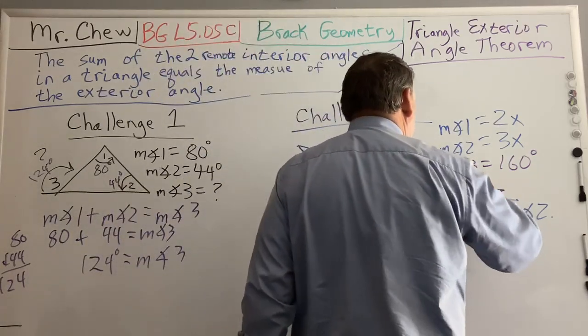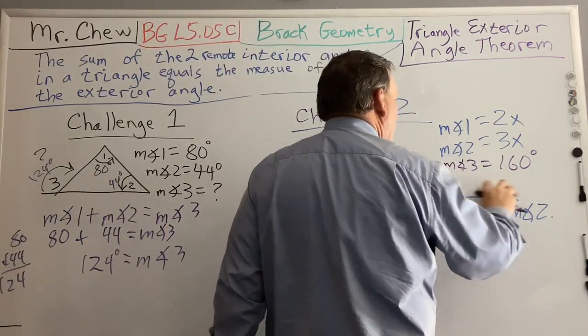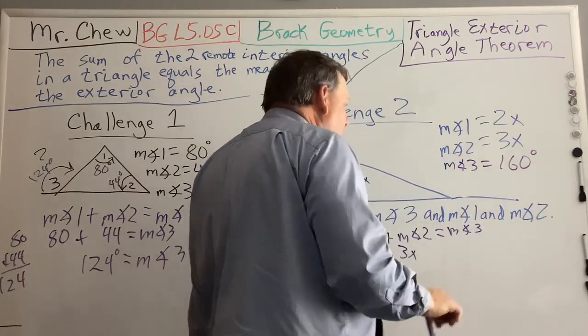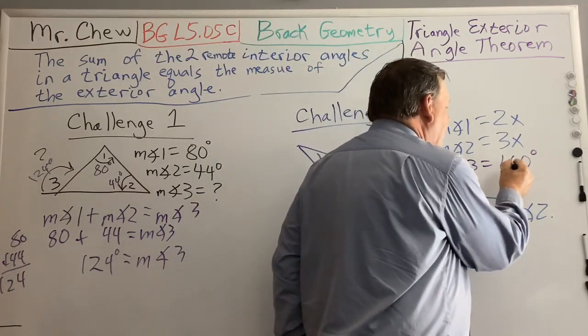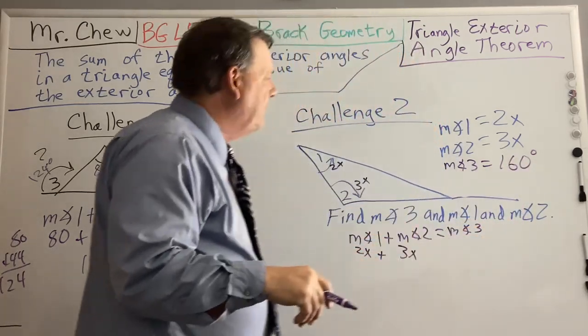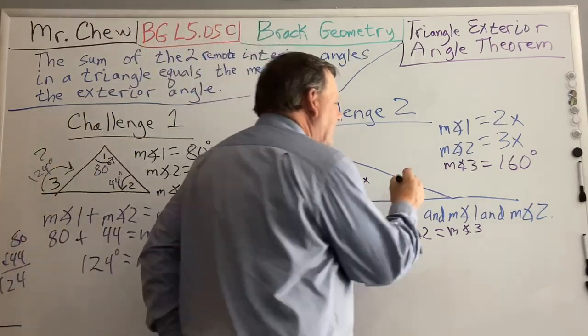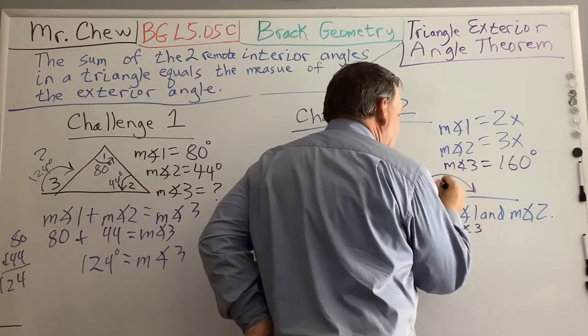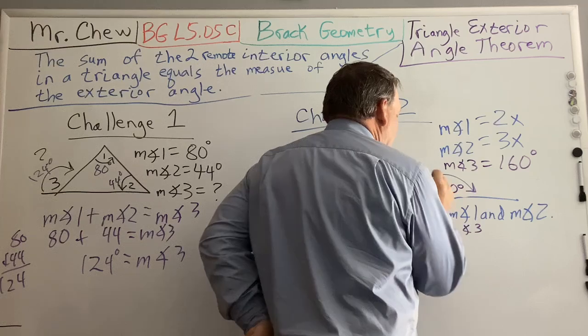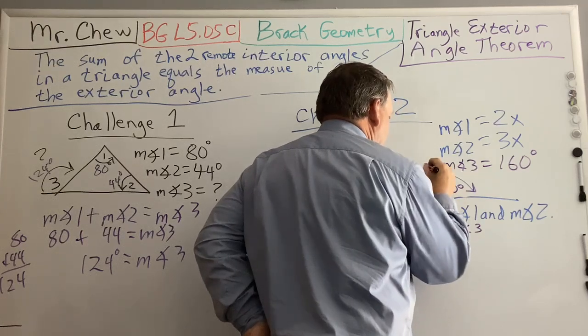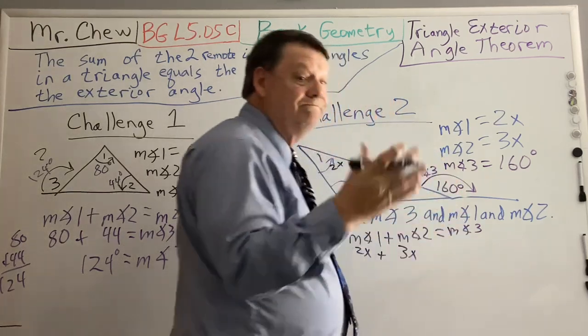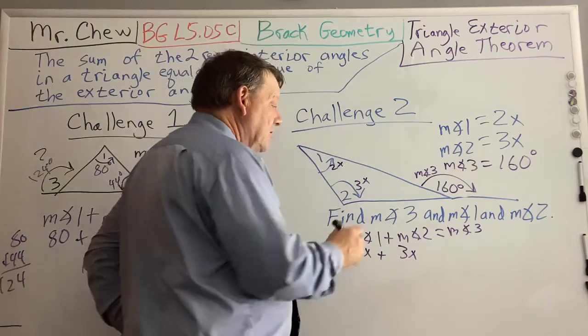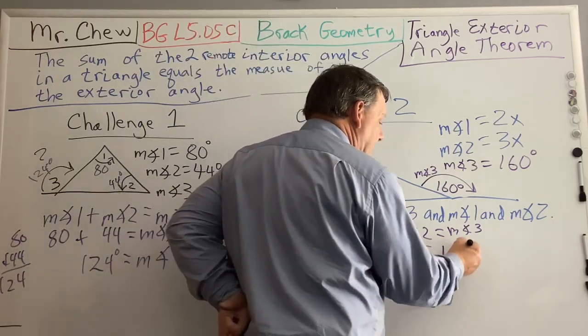So that is an important bit of information. You were not able to get the answer if you were looking at my first video and did not know that this was 160 degrees. And this is angle 3. All right. So now I know that equals 160.